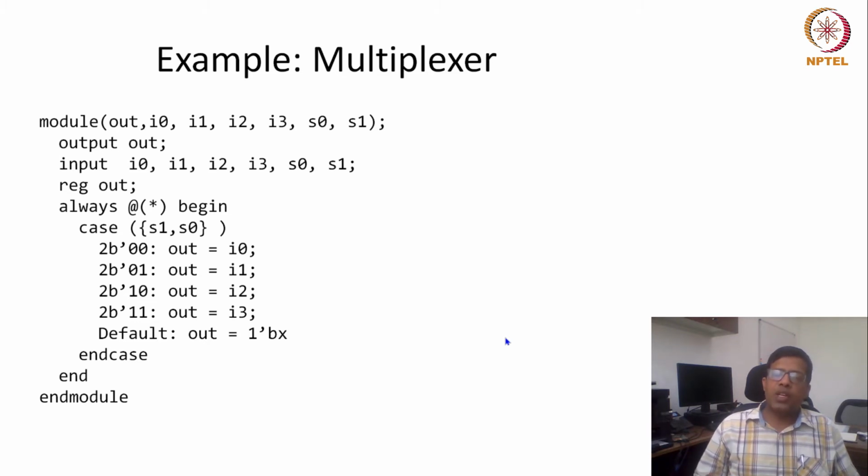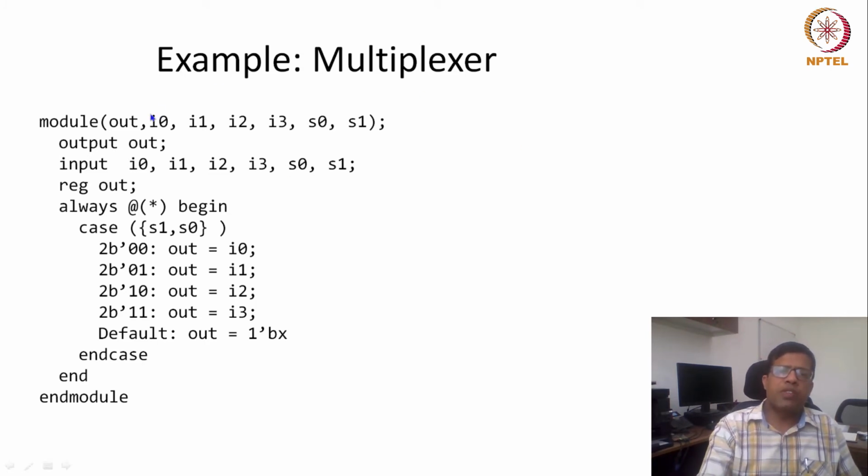If I wanted to model a multiplexer in structural model, I would start with and, or, and list all the logic where it has to be ANDed and ORed. In data flow modeling also, I would find all the conditions where my out would be 1. But here we can write it using a case statement.